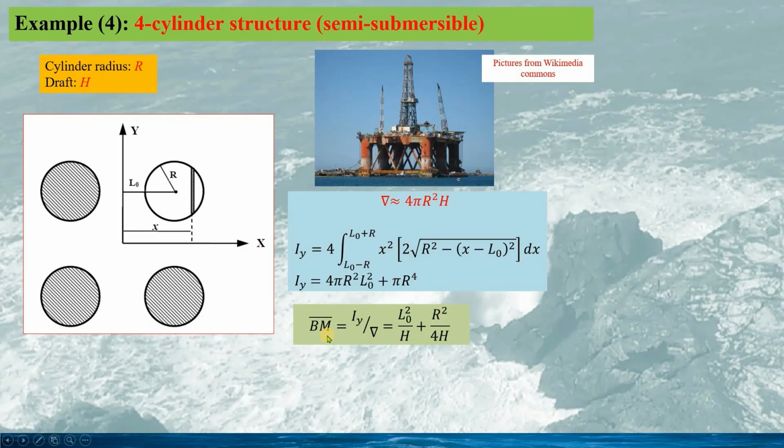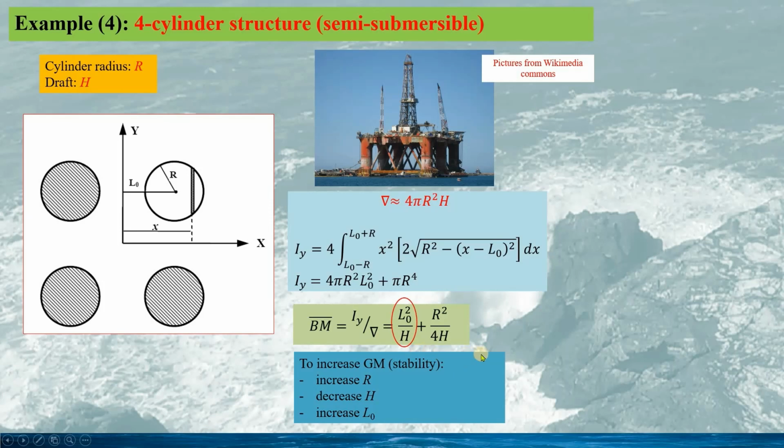So we can calculate Bmy as this. Here we can see the difference of this semi-submersible structure with regard to the single cylinder. Therefore, for this structure, to increase Gm, the stability, we can increase Bm for achieving the purpose.